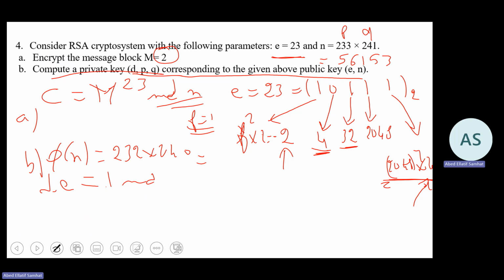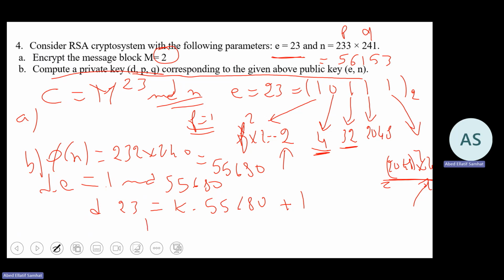Let's multiply this, it will be 55680. So in this case, E is equal to 23, so D times 23 is equal to K times 55680 plus 1. Okay, this is the way.